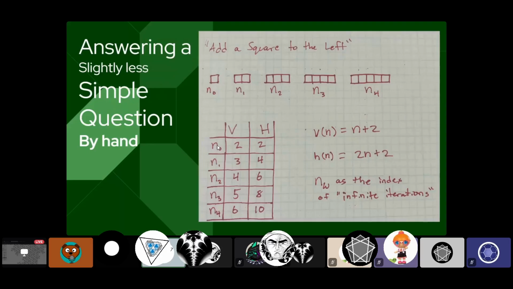So here again we have the table of orientations at each step of this process, and I'm going to be using n sub omega as the index of the limit of iterating this rule of adding one square to the left.